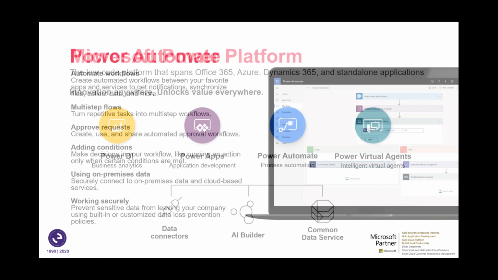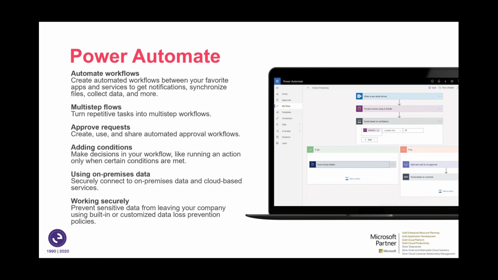So Power Automate really is an automating tool that allows you to create multi-step workflows that can automate mundane, rudimentary, transactional type tasks across your organization, across the different apps and services that you have, and across the various systems and solutions.